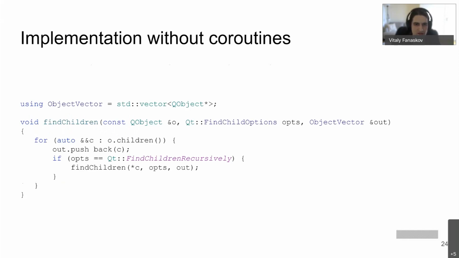It's the simplest one, and it's as close as possible to the original implementation we have in QObject now. With one major difference: I use std::vector here instead of QList or QVector, because we don't really need implicit sharing here, and QList is not recommended for usage by Qt developers.